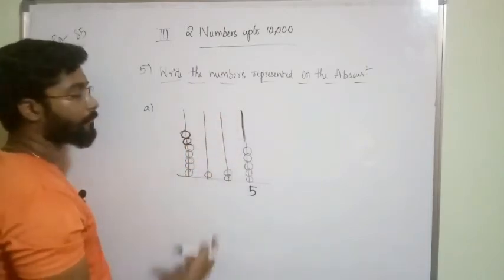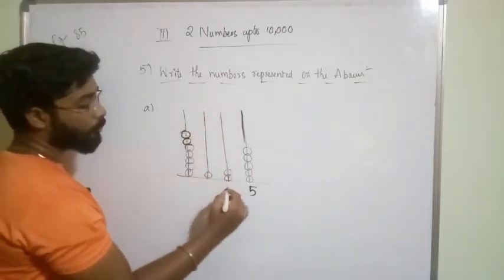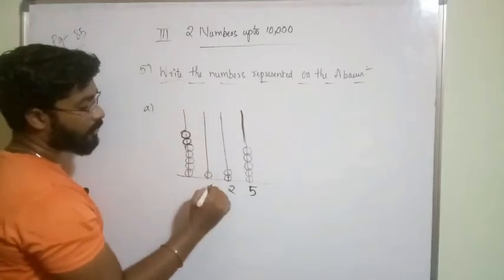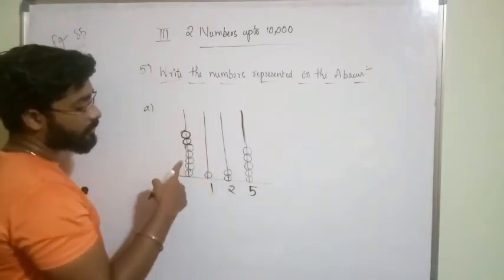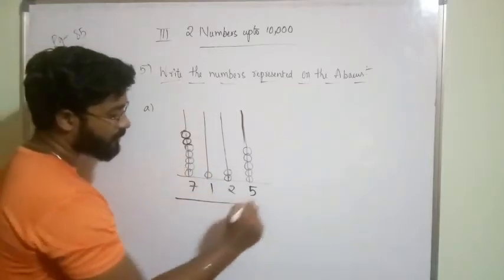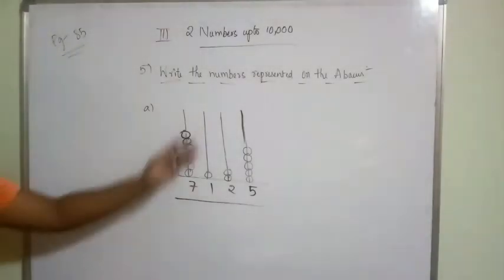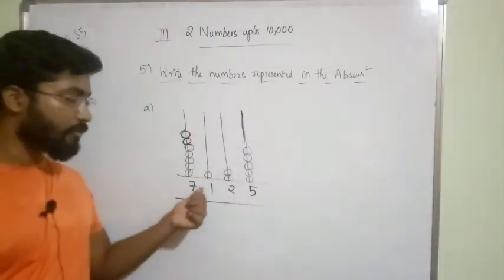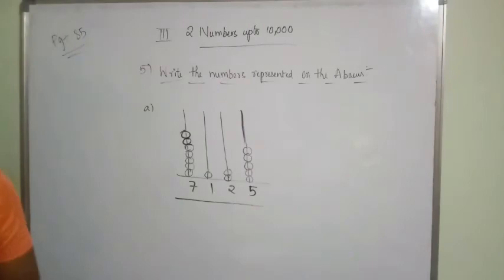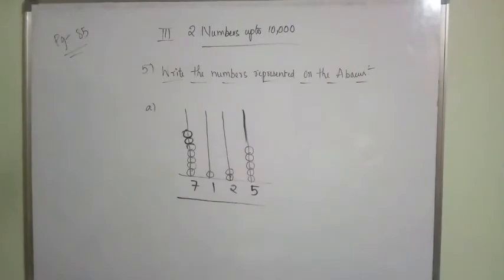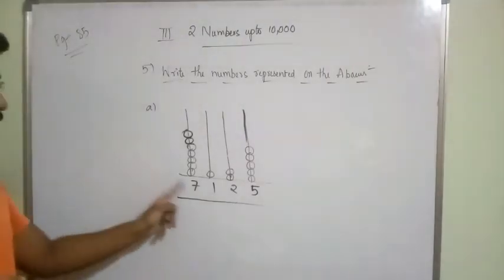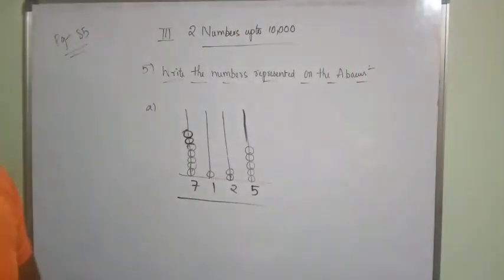Next, in the tens rod 2 beads are there. In the hundreds rod 1 bead is there. In the thousands rod 7 beads are there. What is the total number represented on the abacus? 7125 is the number.